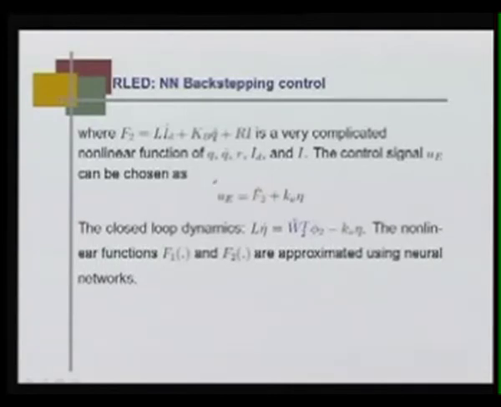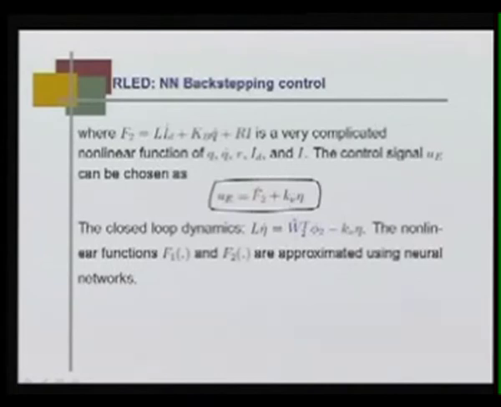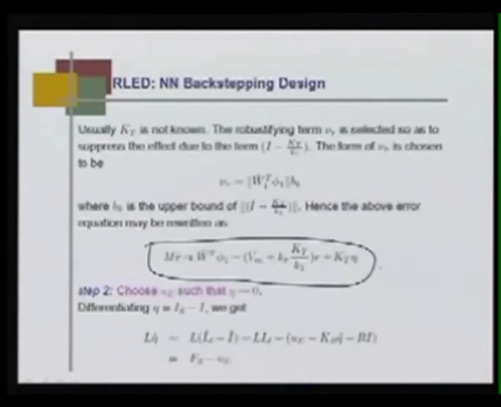If I find u e as this, my neural network approximation of F2, and then take my control action to be k v eta, then my error dynamics is L eta dot is this quantity. You see that if this is 0, meaning my neural network approximation is exact, then this is a stable dynamics, so eta is bounded. If eta is bounded, my previous term is also stable.